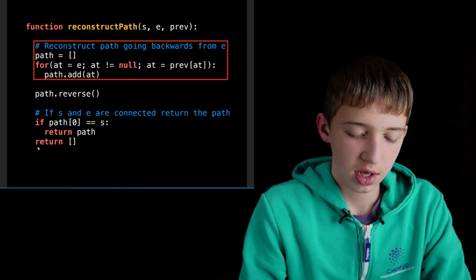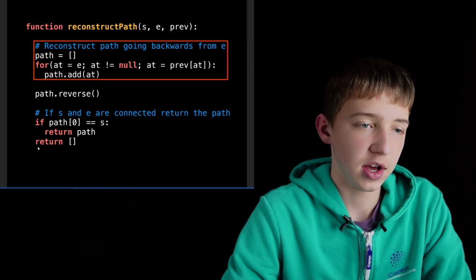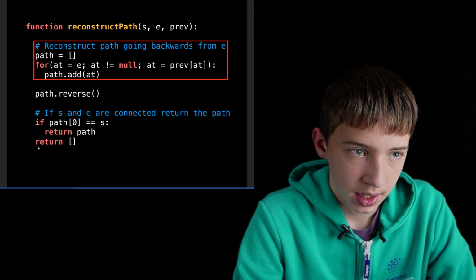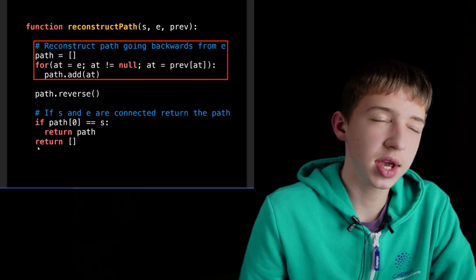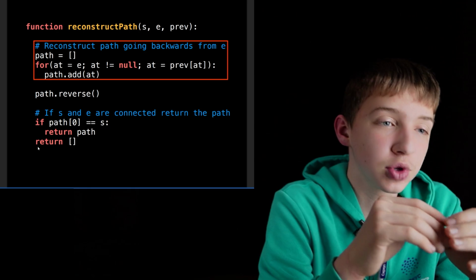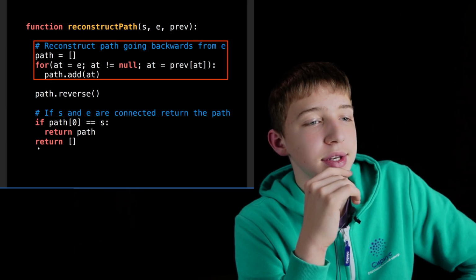The first node we're traversing is the ending node, and from the end we have to know from which node we came to the end.